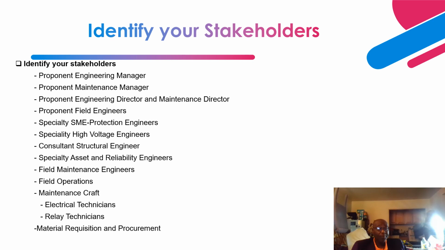Then proponent field engineers, where you can have a discipline engineer and operation engineer. For the specialty group, we'll need a protection engineer, high voltage engineers, and consultant structural engineers. The reason structural engineers come into play is because of the foundation that the equipment is located on.